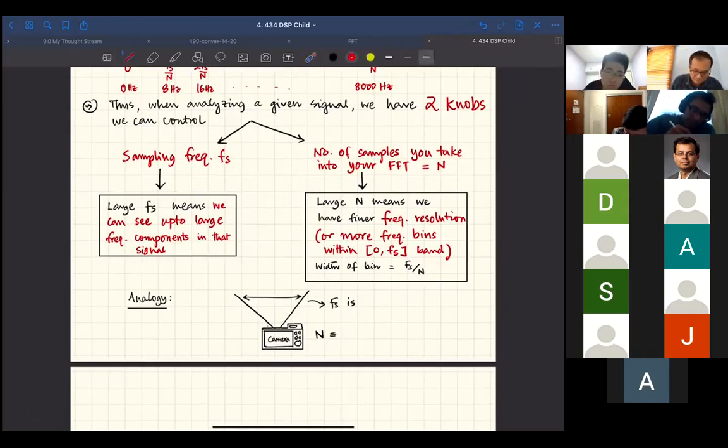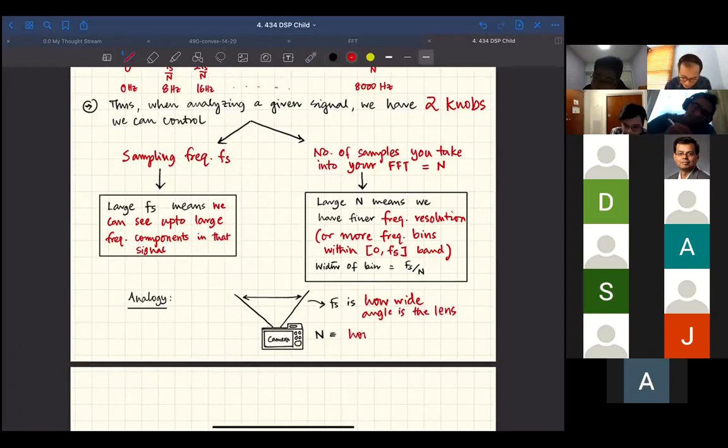So similarly, Fs is equivalent to how wide angle the lens is, and N is equivalent to how many megapixels are in your picture.